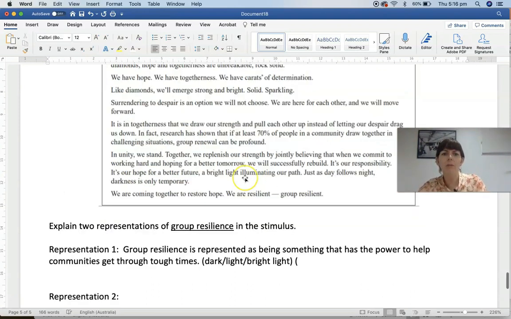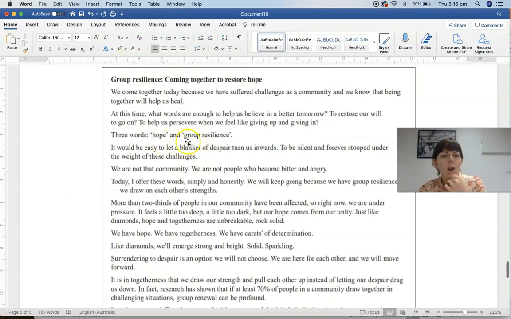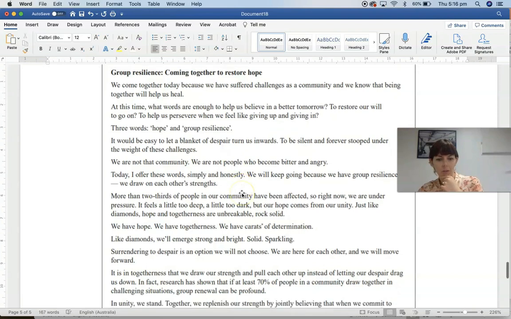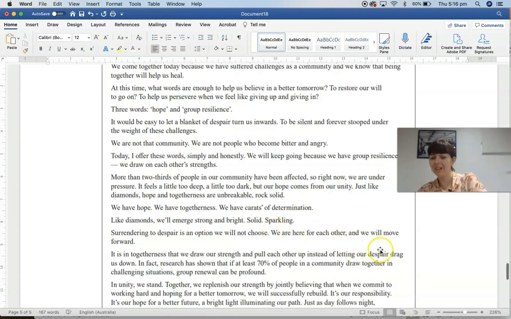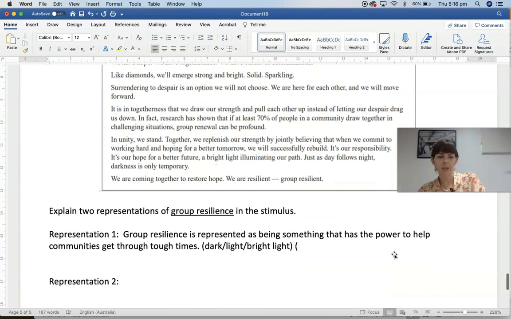I think there's also a reference to a blanket of despair. So they're saying, no way, we are not going to be underneath the blanket of despair. Here it is again. We're not going to let the despair drag us down. Fantastic.